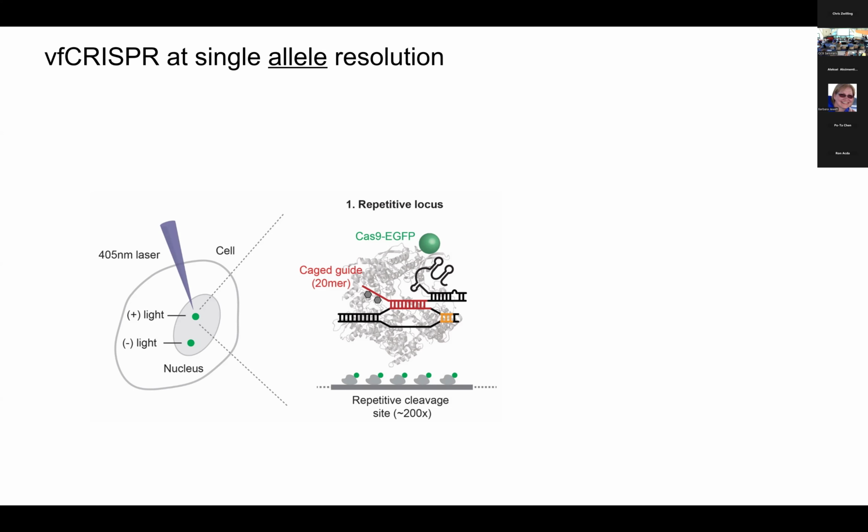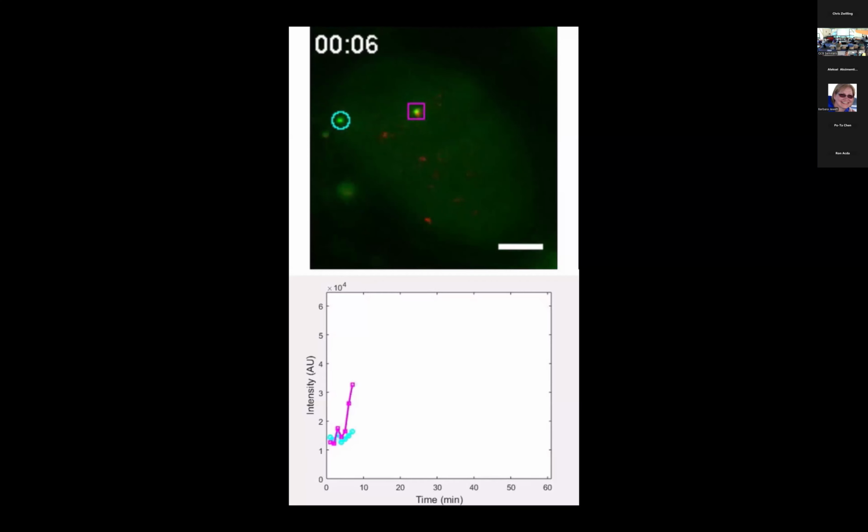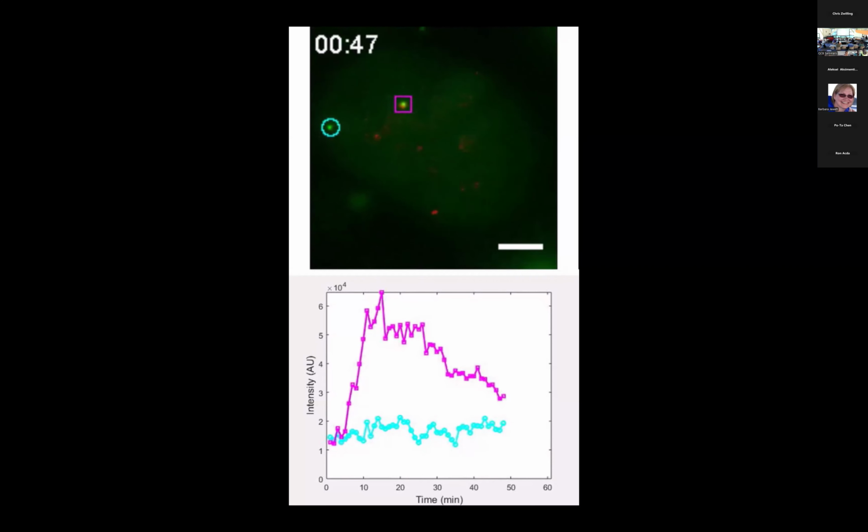And we want to use a focused UV beam at one of the alleles, but not the other. So the expectation is to see the repair protein will accumulate around one of the alleles, but not the allele that we don't activate. This is one example movie: if we only shine UV light on this allele, we can see there's an enrichment of the repair protein, but not the other one.